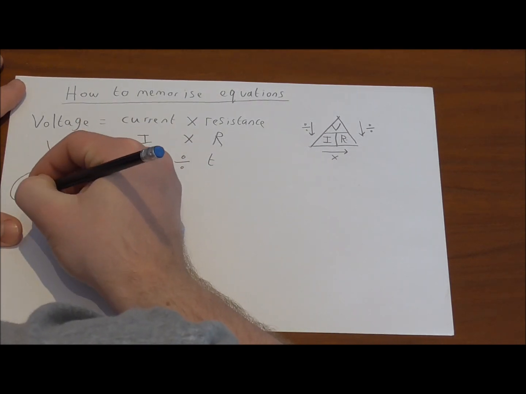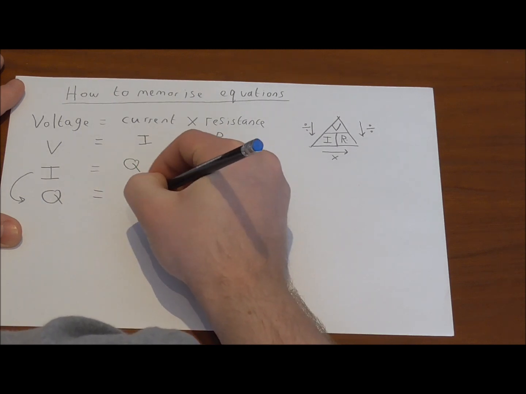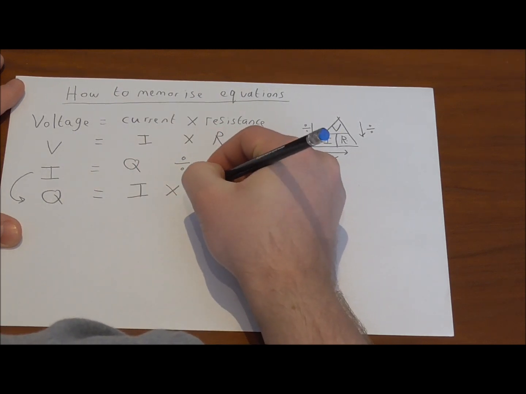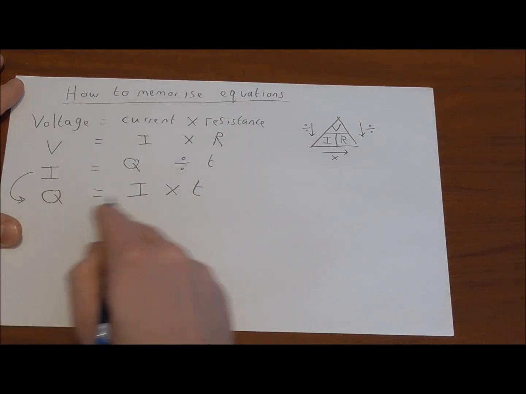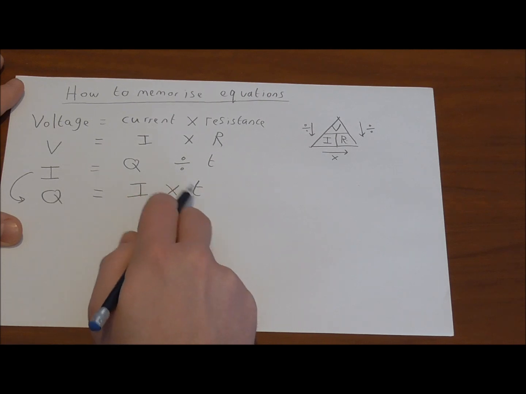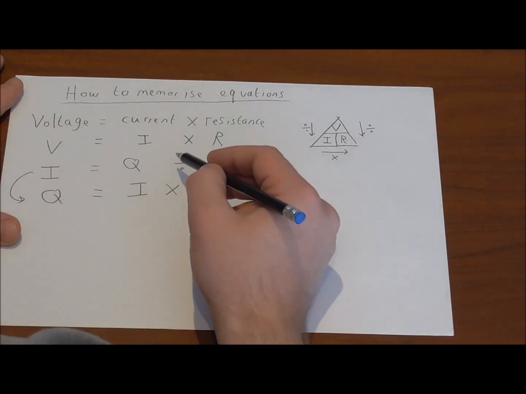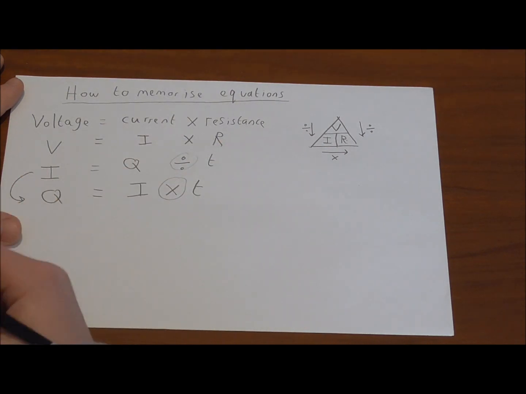So this one here would rearrange to Q equals I times by T. So here, if you memorise all equations in this format, you have something equals something times something else. So it's to save getting confused with which symbol you should be using, which function you should be using.